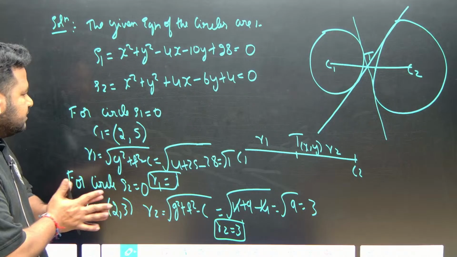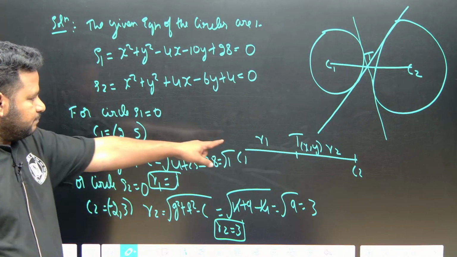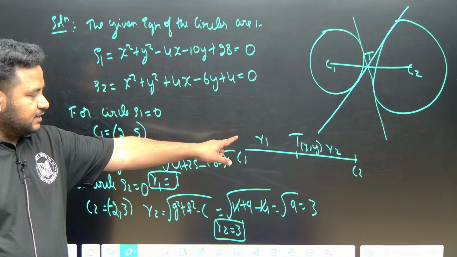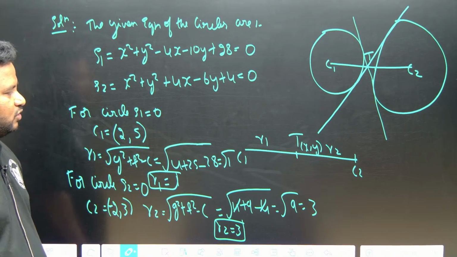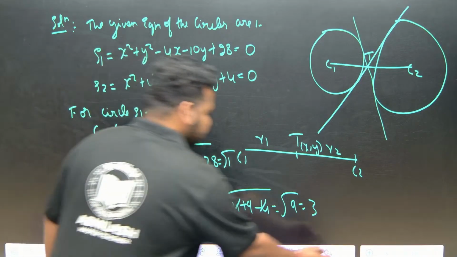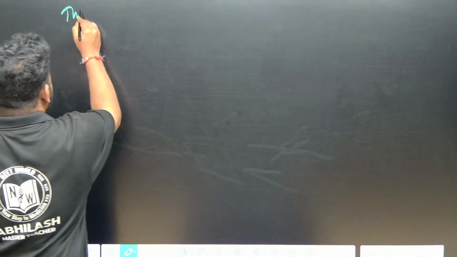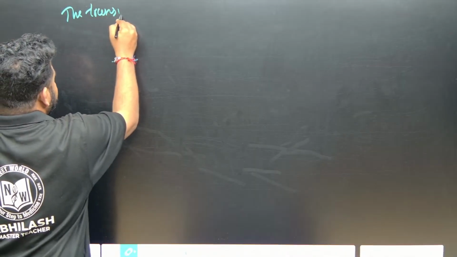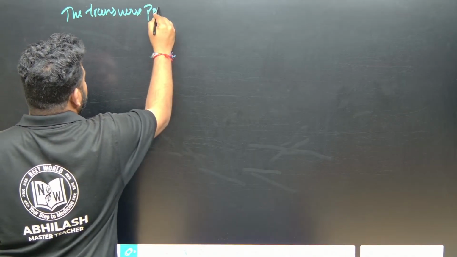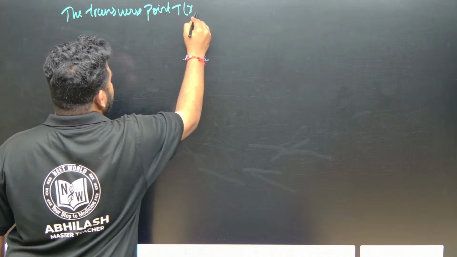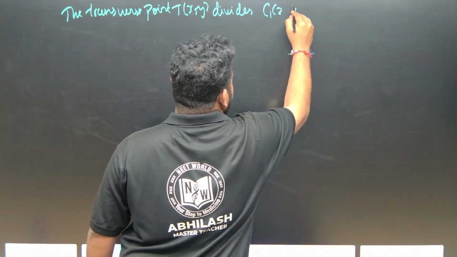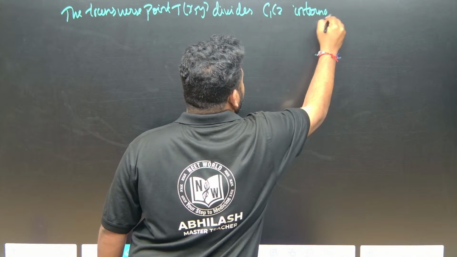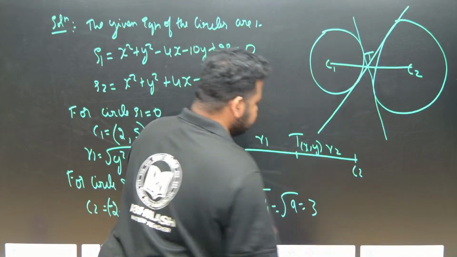Now they are telling us to let T be the transverse point, which divides the centers C1 C2 in the ratio R1 is to R2. Let us take that. The transverse point, each and every step is very important. The transverse point T (x, y) divides C1 C2 internally, because it is internal only, otherwise you can check.